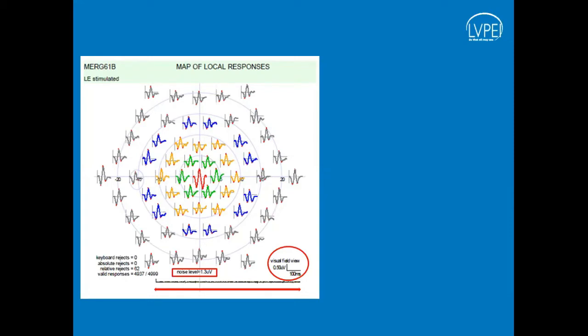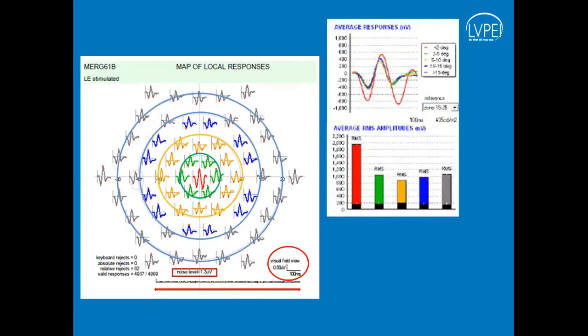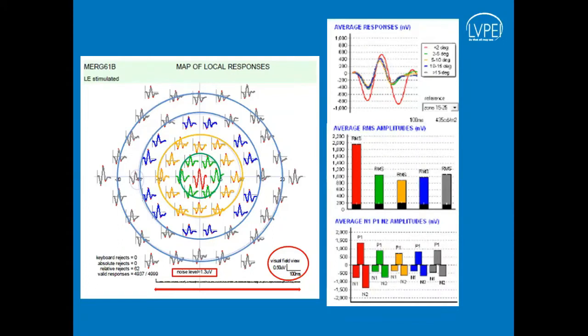Now, it looks almost the same as the waveform seen during flash electroretinogram. While we look at the entire graphs of the multifocal ERG of a particular eye, we should also be alert to the scales that we are looking at. So this is the overall average of the response.